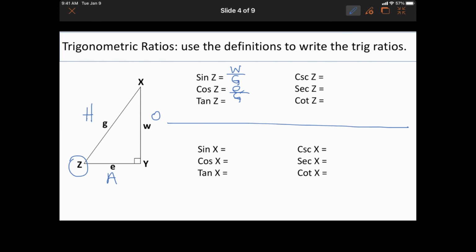And then the tangent, I'm going to just write it underneath. It's a little squishy. There we go. And then cosecant, it's the reciprocal of sine. Write this over here. And then this is a reciprocal of cosine. And then cotangent is the reciprocal of tangent.